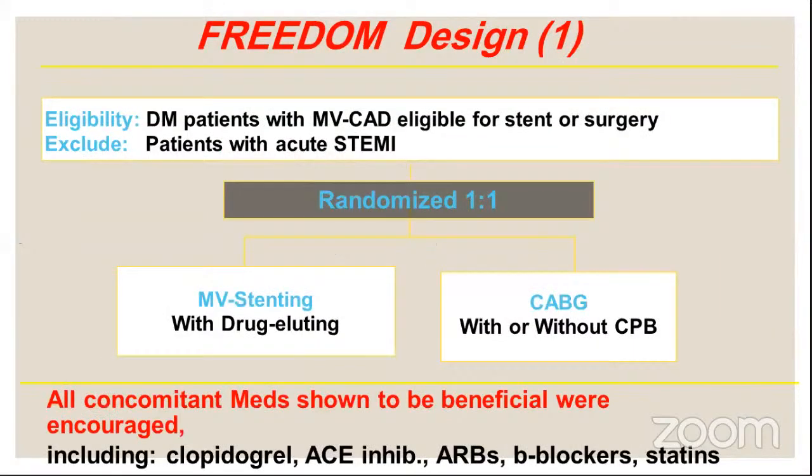Regarding the study design, eligibility was for DM patients with multivessel coronary artery disease. They were randomized 1:1 into 2 groups: the first with multivessel stenting with drug-eluting stents, and the second with CABG with or without cardiopulmonary bypass. Those patients were intensively treated with medical therapy.